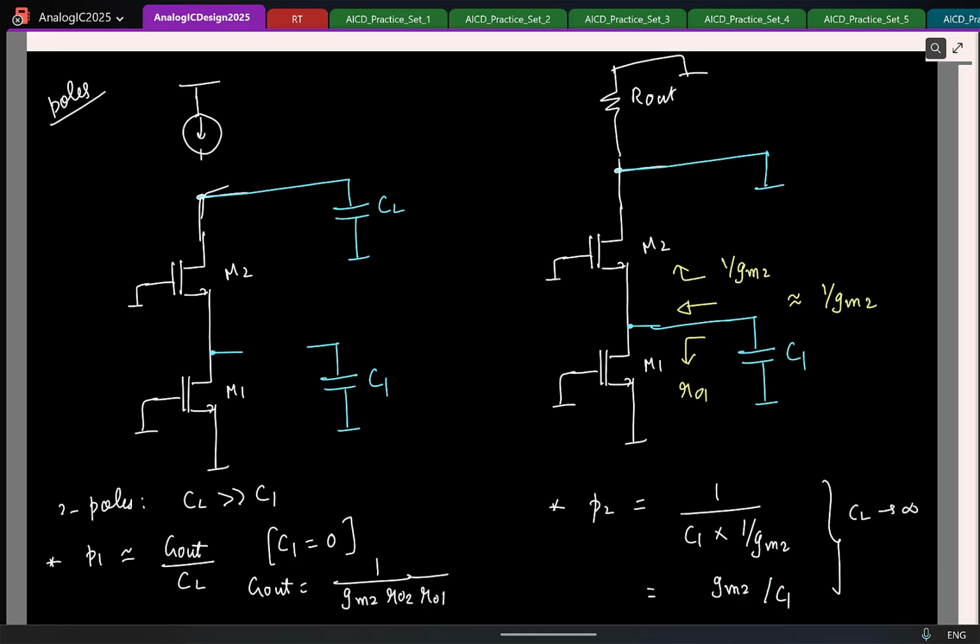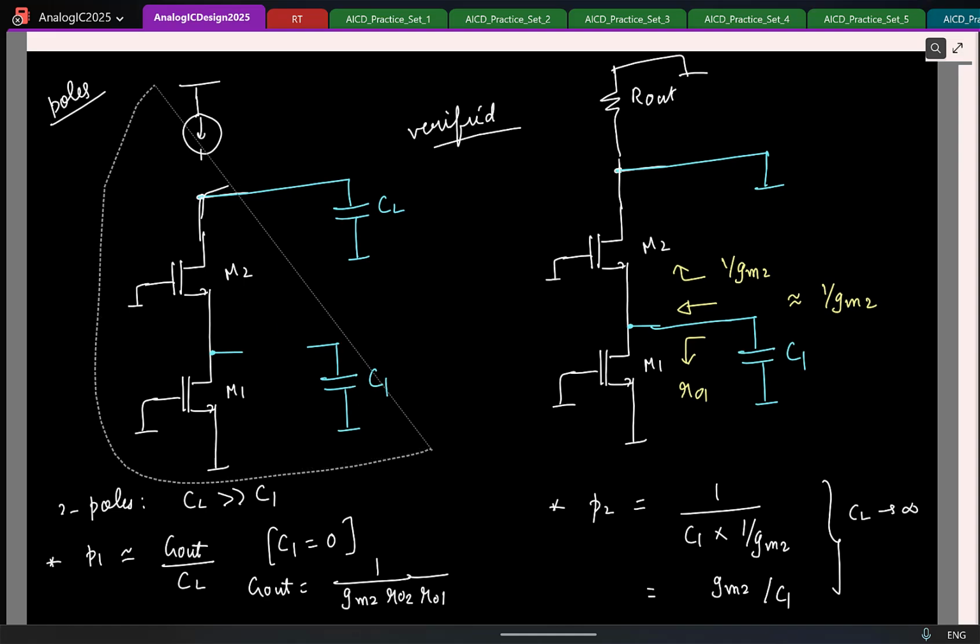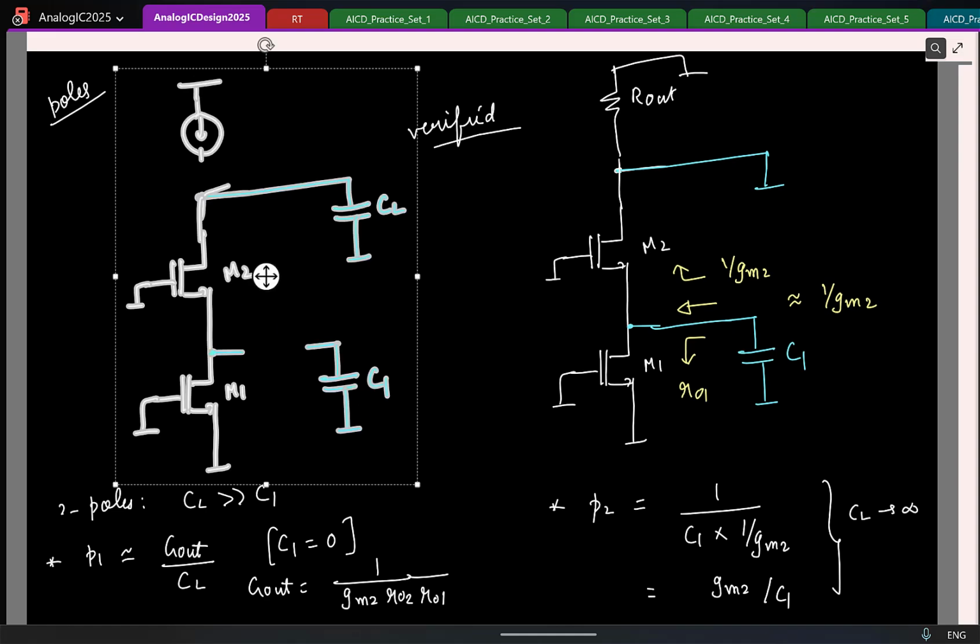C1 is a small capacitance compared to CL, and gm is much larger than your conductances. So it is completely fine that we have made this assumption. Again, always remember to verify the assumptions. So here I'll remark that we have verified the assumptions. Okay, so this is only the poles. So let's look at zeros.